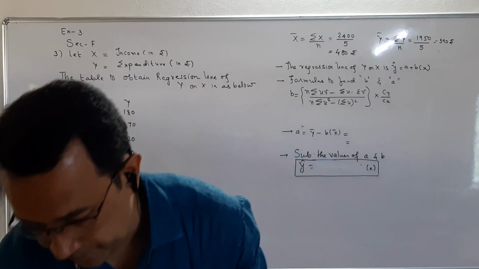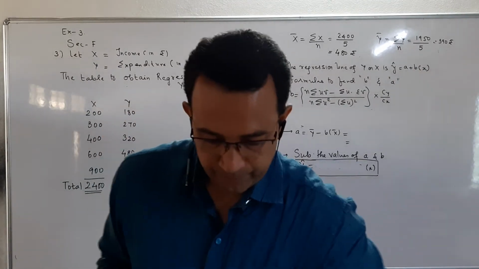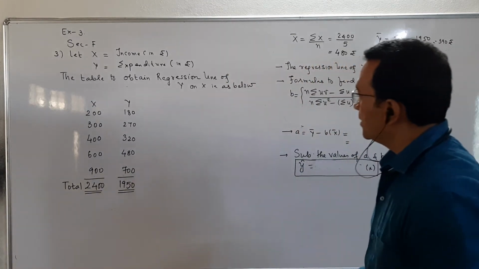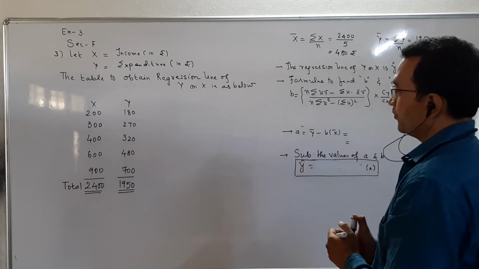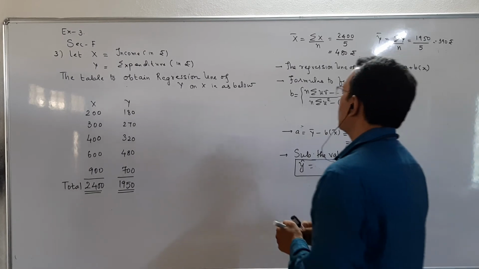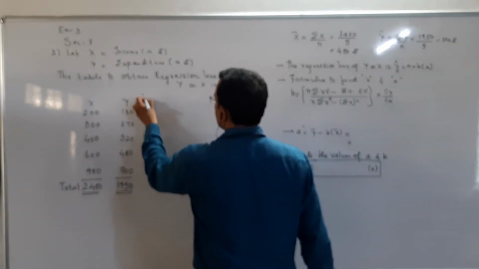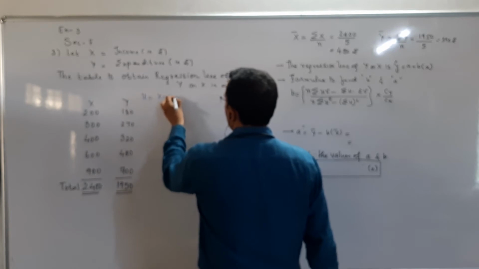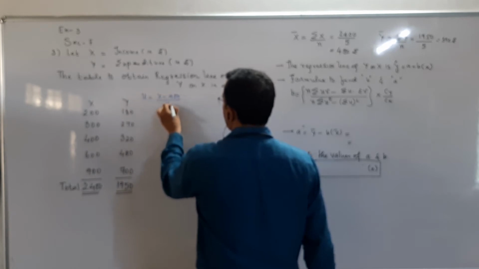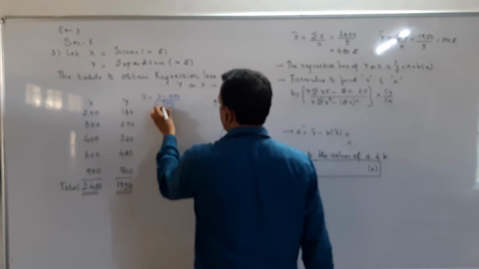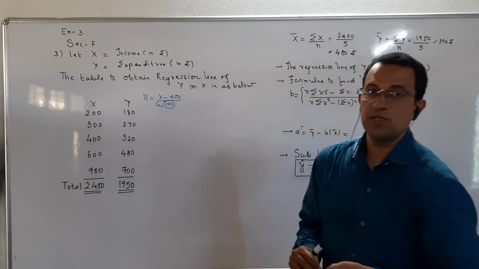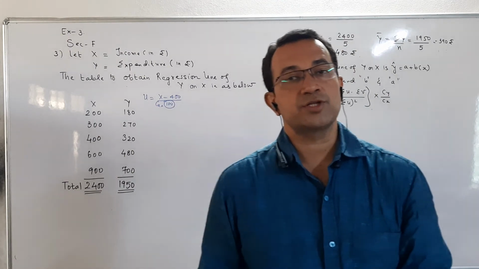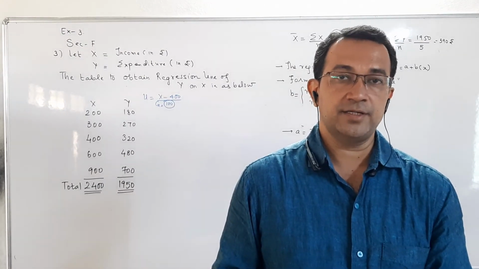Now students, as I told you, the nearby value to 480 in the table is 400, so we will take 400. So u is equal to x minus 400 divided by 100. Of course, yes, because units place and tens place are 0 each, so all the observations are divisible by 100.